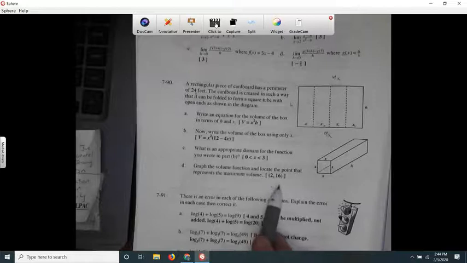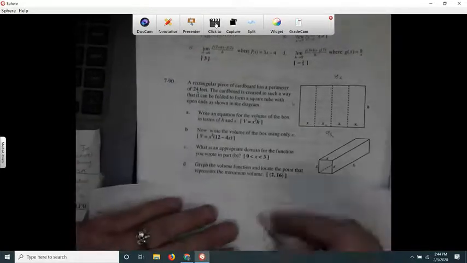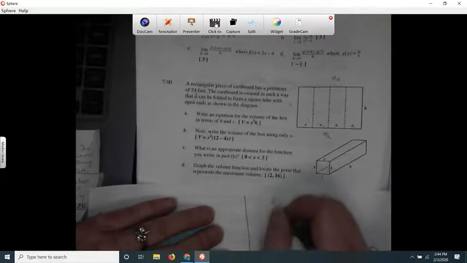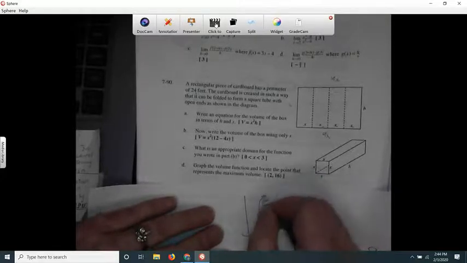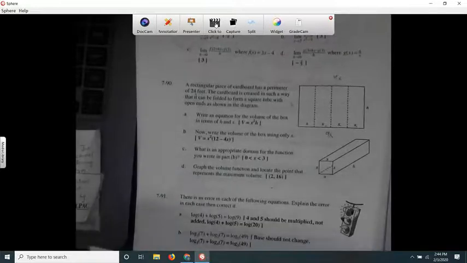I'm not sure what it looks like, but there's going to be a high point, a local max, and that will give you the maximum volume. So just get it on Desmos.